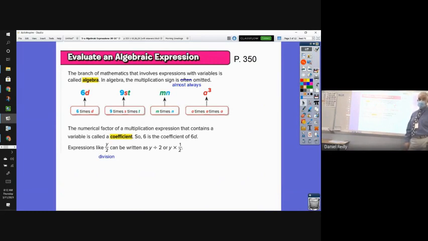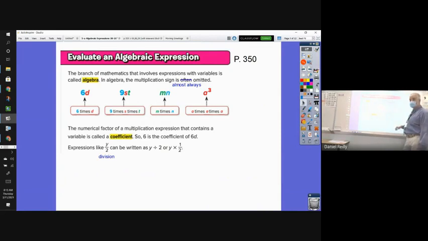As I've told you before, we do not use the X for multiplication if we can avoid it. So you write multiplication with nothing in between letters, numbers, letters and letters. So 6 times D, 9 times S times T, M times N. A to the third means A times A times A.